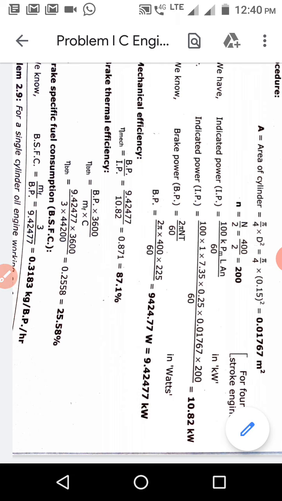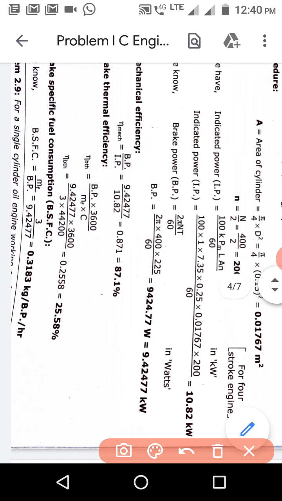As mf is given in kilogram per hour, due to that we have used the 3600. So now we are calculating brake thermal efficiency. Brake power we have calculated, that is 9.42477, divided by 3 divided by 44200. But 3 is given in kilogram per hour, that's why we have converted that into kilogram per second by dividing with 3600.